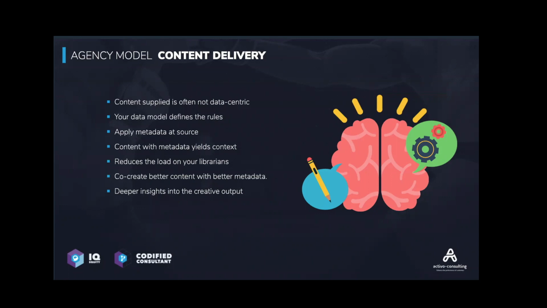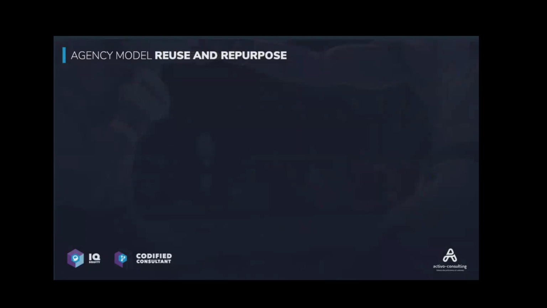Content itself will need to have the ability to move through omni-channel delivery, adapt in a responsive way to various devices and become more personalised. So mandating your agencies to abide by your data models is the smart move. Next slide, please.